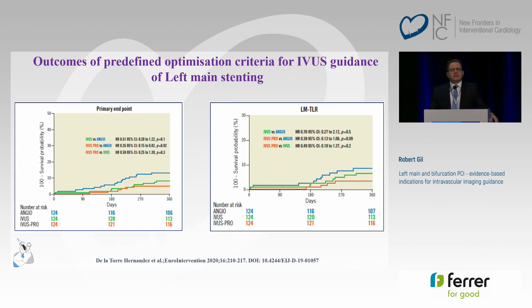But this trial was fantastic, showing that the problem is not just to perform an IVUS. The problem is to properly assess and use the data given by IVUS. So this trial showed that just performing IVUS is too little. We need to use the data, improving the final results.